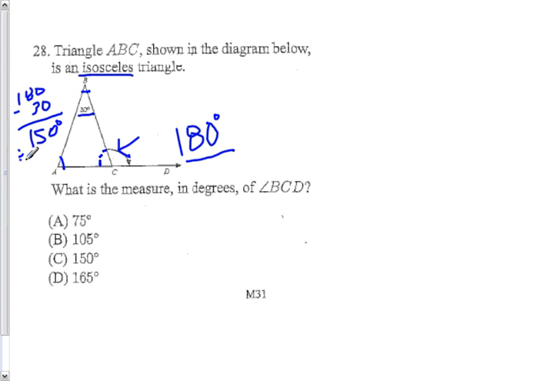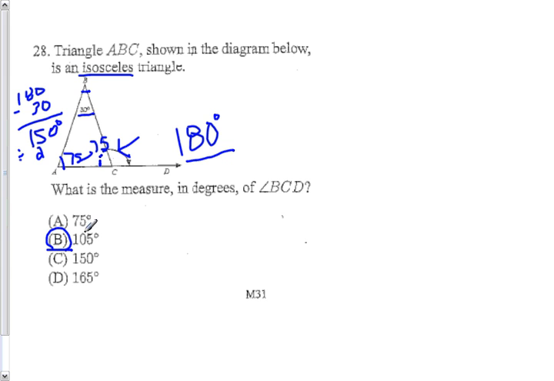If we divide that by 2, we get 75 for angle A and 75 for angle C. So now we can determine that if angle C is 75, then the angle we're looking for and angle C together have to total 180. So that would have to be 105 degrees.